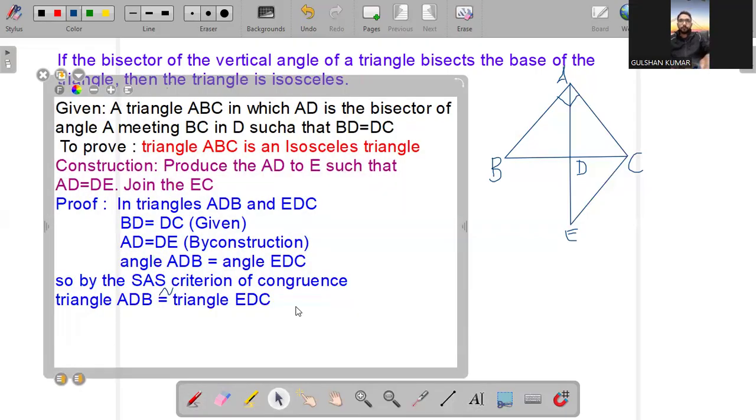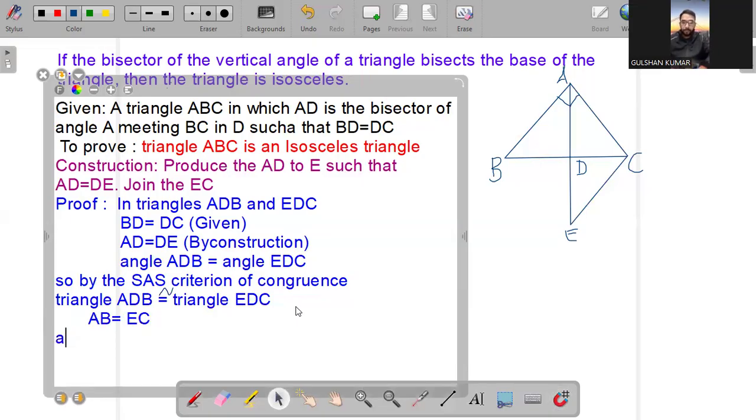Then AB equals EC, and angle BAD equals angle CED by CPCT, that is, corresponding parts of congruent triangles.